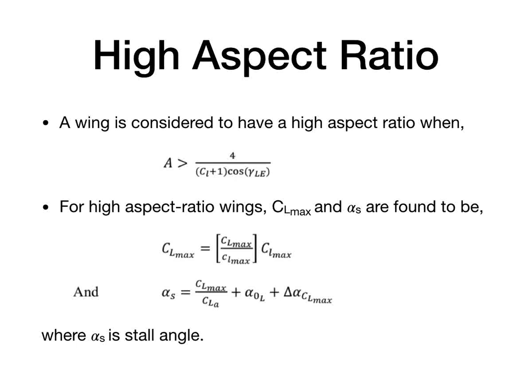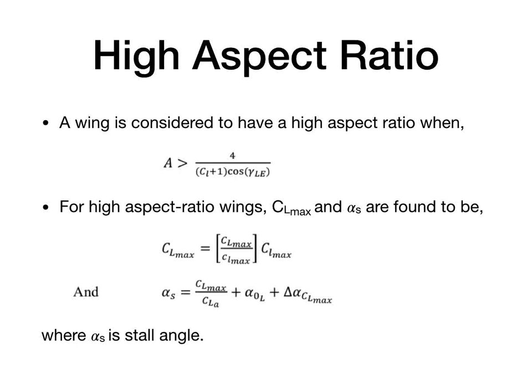For high aspect ratio wings, the maximum lift coefficient CLmax and stall angle are found to be CLmax equal to CLmax ratio times the section CLmax, and alpha S is equal to CLmax over CLA plus alpha naught L plus delta alpha CLmax, where CLA is the derivative of CL by alpha for the basic 3D wing.